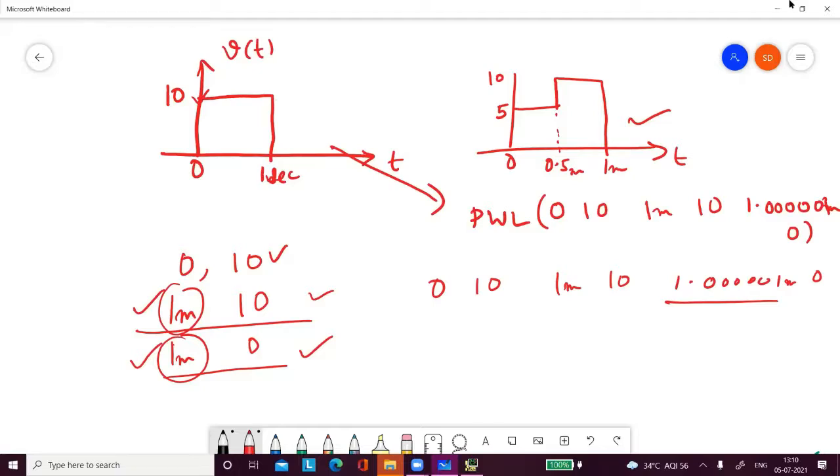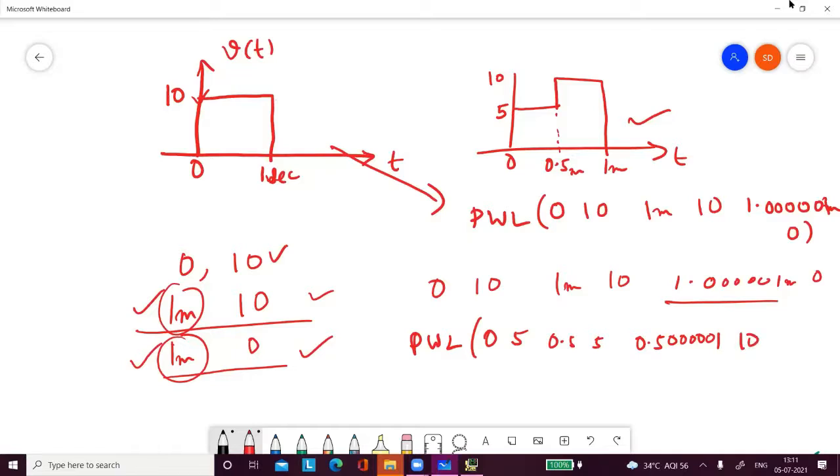Now what will the next one, the upper one, be? PWL: at 0 it is 5, then at 0.5 millisecond it is 5, then again 0.500001. Just to distinguish, because two values at the same time are not possible, this is 10.